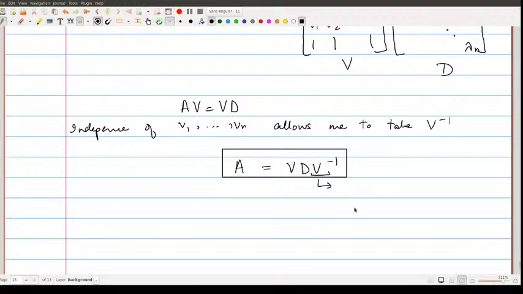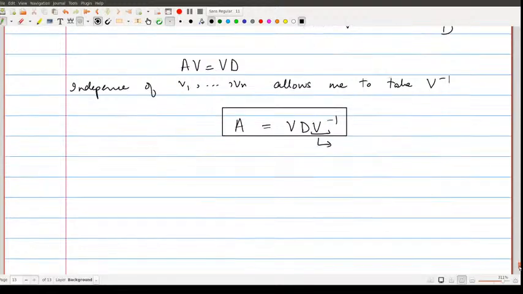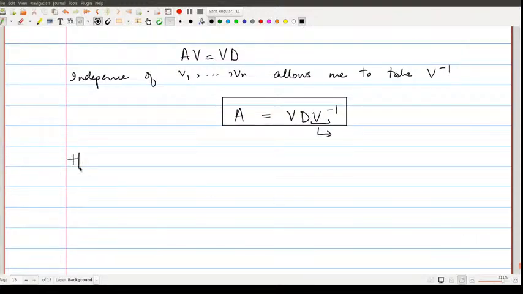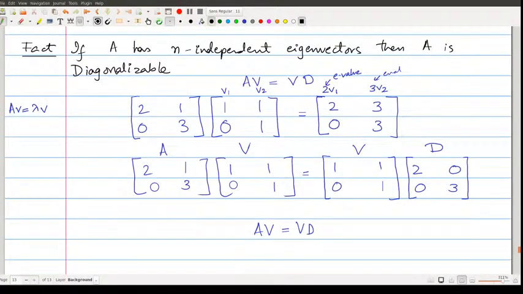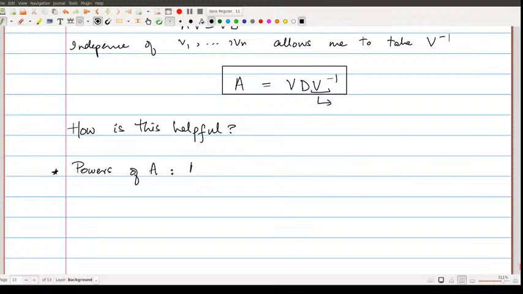So how is this factorization helpful? The first thing that we're going to talk about is powers of A. Let's suppose I want to find A squared, where A equals 2, 1, 0, 3.